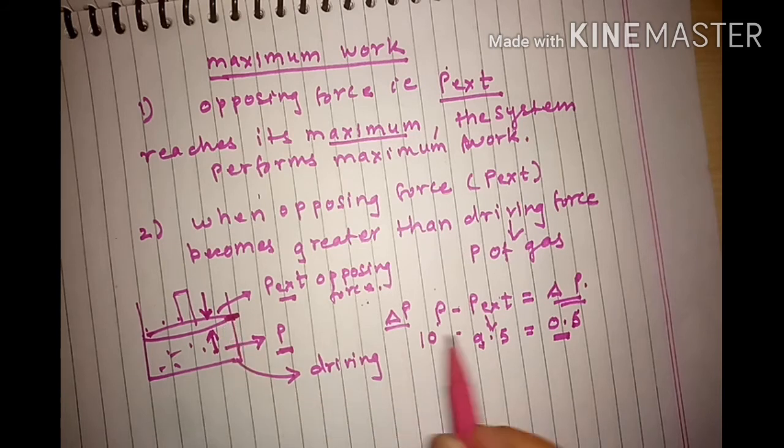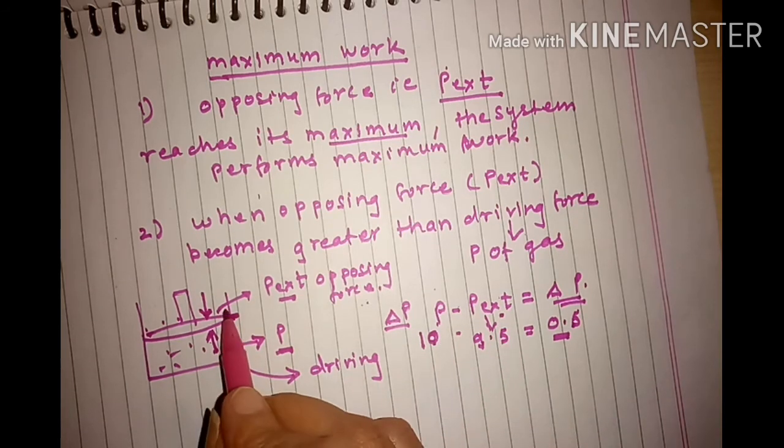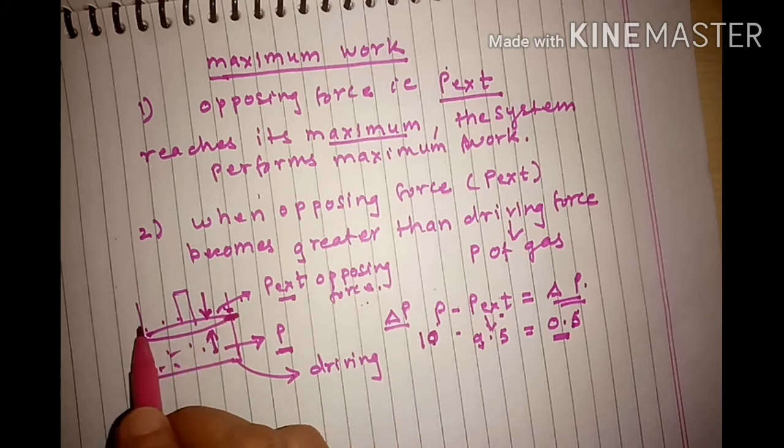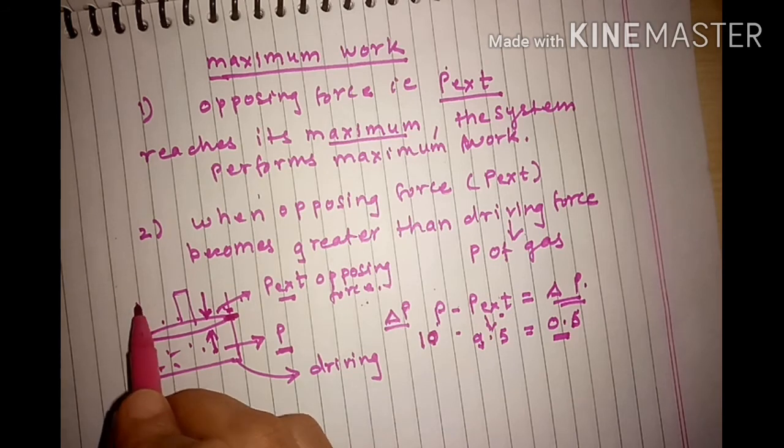And if there is a small difference, means if the pressure of the gas is a little bit more than the external pressure, the piston will be lifted up by a very small amount. This lift is very small, and this is nothing but a reversible process.